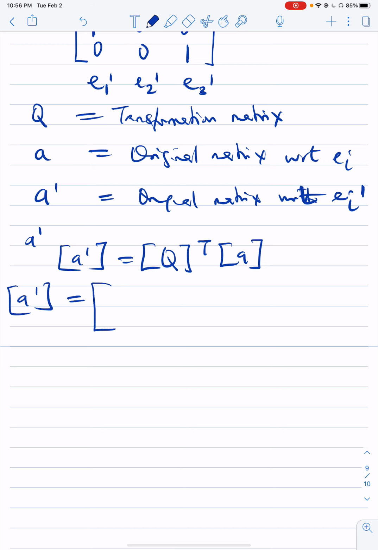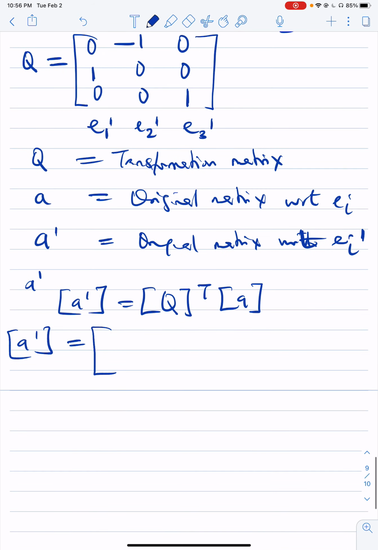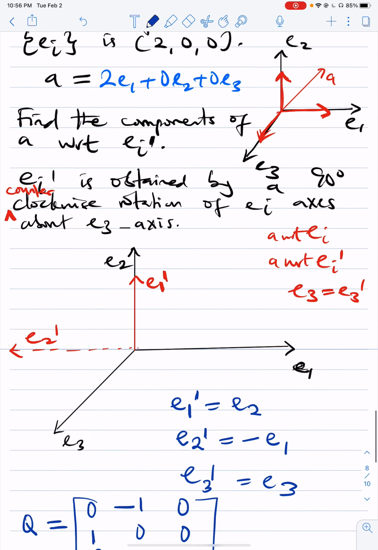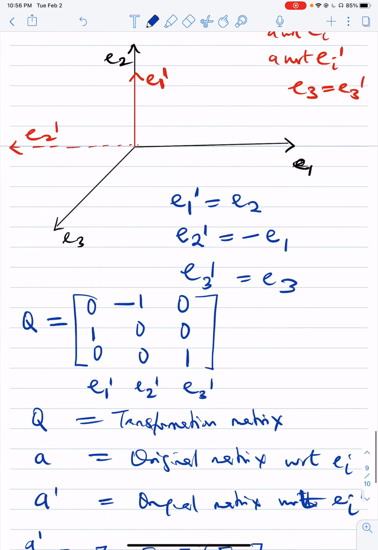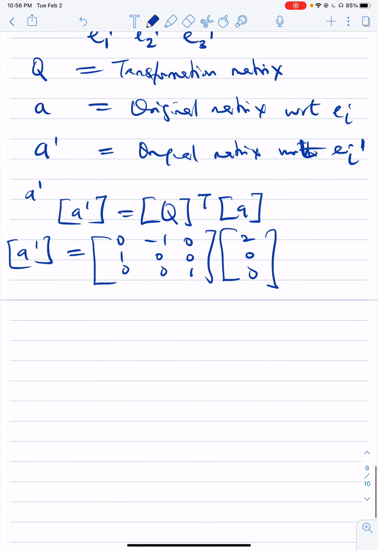So looking at the Q there, we have 0, 1, 0, minus 1, 0, 0, 0, 0, 1. And we already have A as 2, 0, 0. In case you've forgotten where A came from, this is here, right? And if you do this correctly, you will have 0 times 2 plus minus 1 times 0 plus 0, 0, 0, and minus 2.